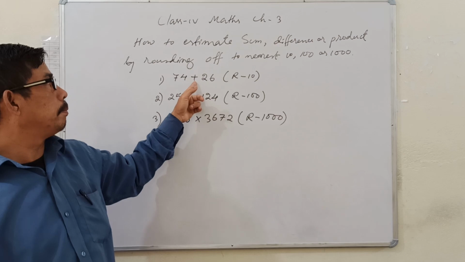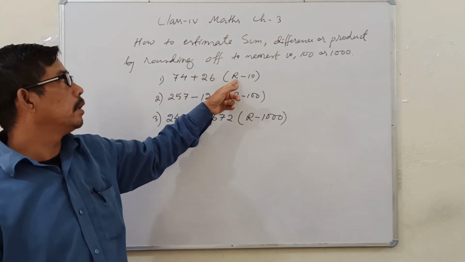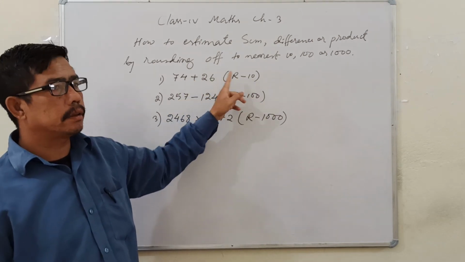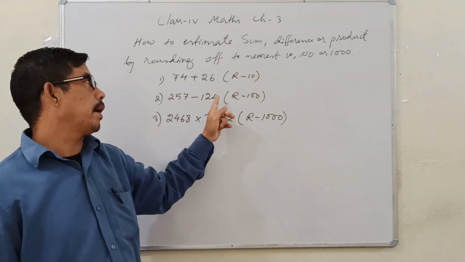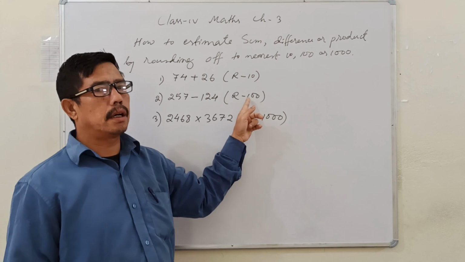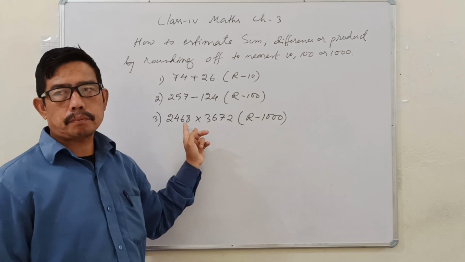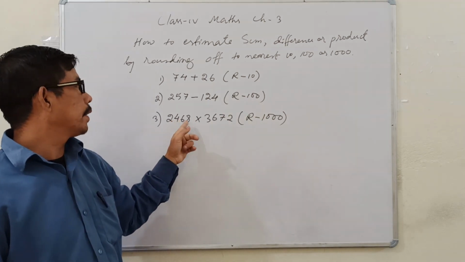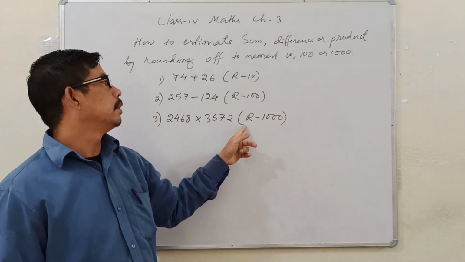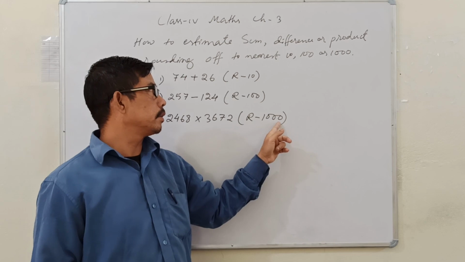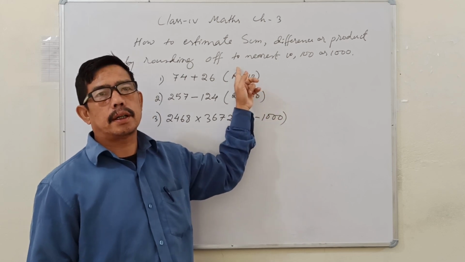First example is finding the sum by rounding to nearest 10. Second example is finding the difference by rounding to nearest 100. And third one, finding or estimating the product by rounding to nearest 1000. So let's pick up the first one.